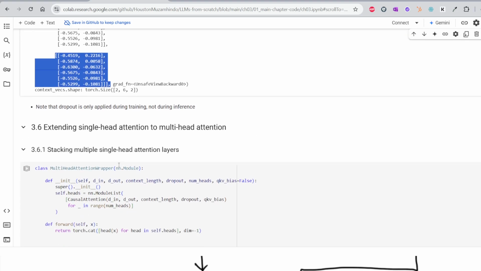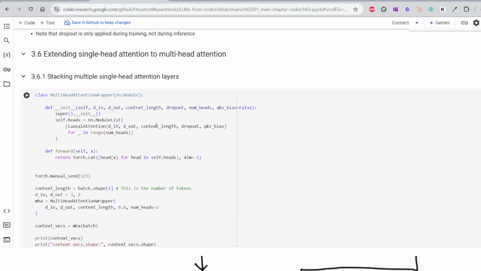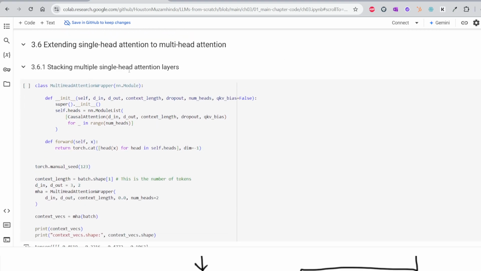Okay. So we are extending now to multi-head attention, and we are taking the multiple single head attention layers and creating this multi-head attention wrapper, because it's just going to extend on top of our causal attention that we had. As you can see, we have our D out, D in like we needed for our causal attention.